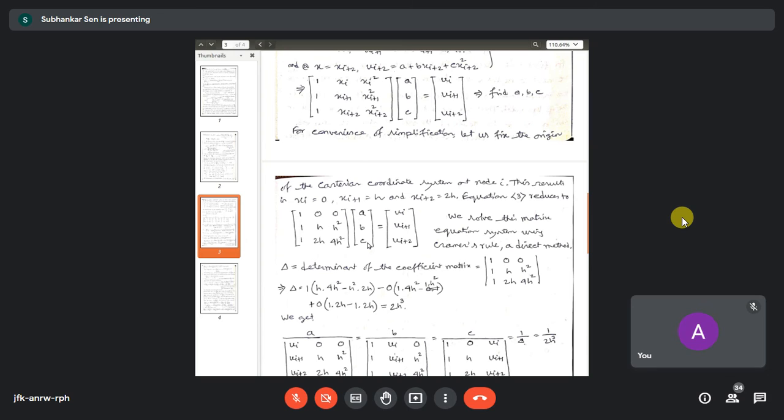So operation count is an order of magnitude value. We represent it in terms of the size of the matrix. In this case, your matrix size is 3 by 3, okay? How many operations you will perform will vary from method to method. And operation count we define for the direct methods, not for the iterative methods, okay?